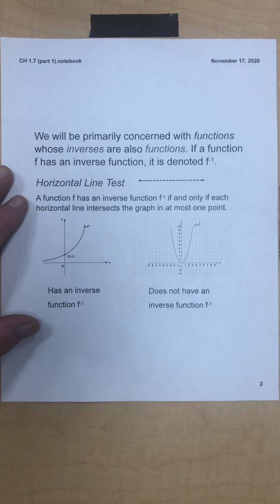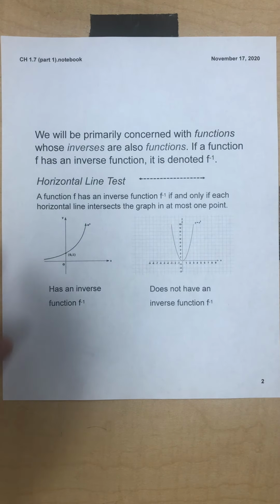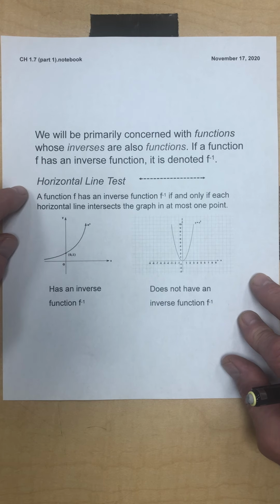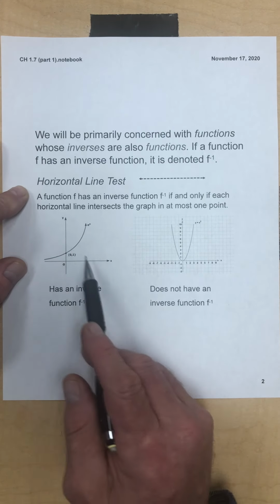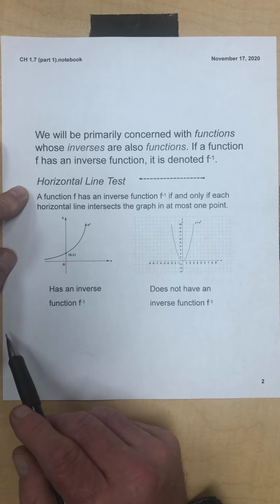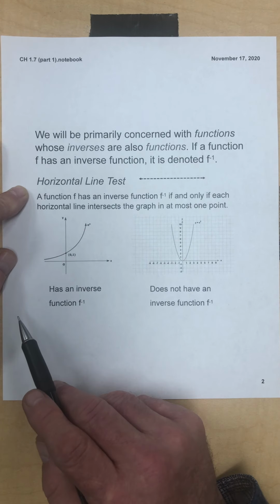And we said that we can test a function to begin with, to see whether or not it has an inverse, by applying the horizontal line test. So if you had something like this, where all horizontal lines only intersect once, then this function has an inverse everywhere.